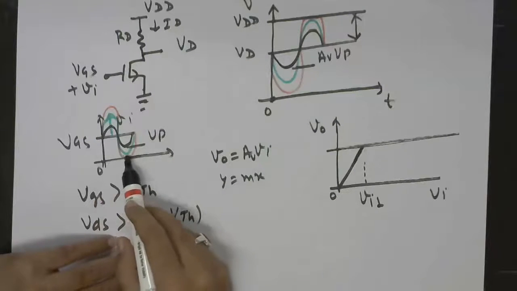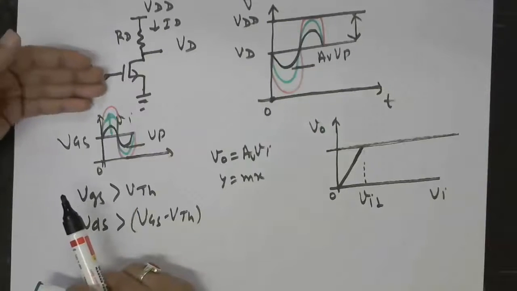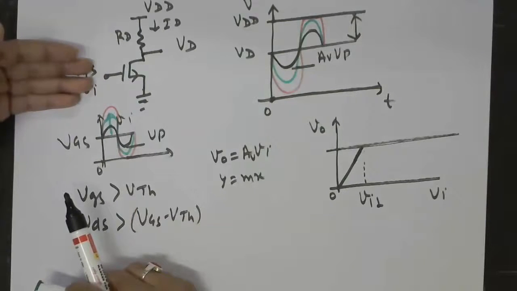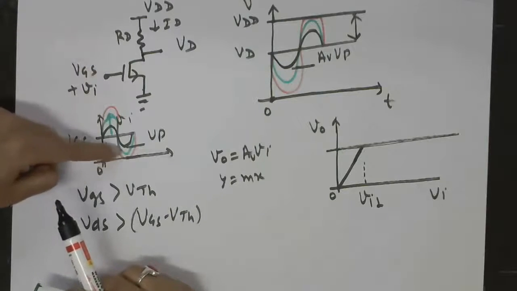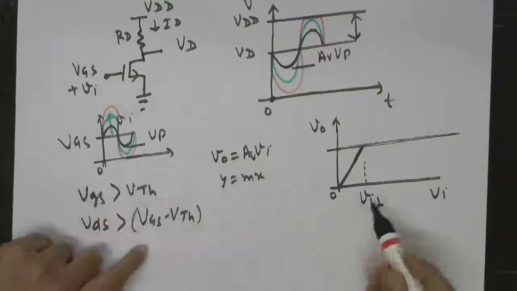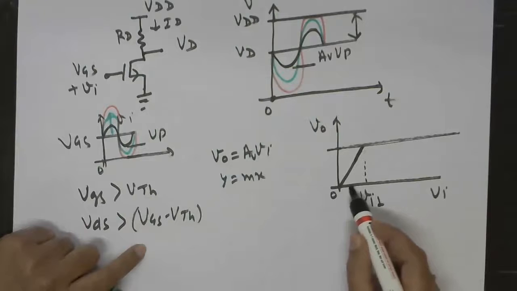Keeping the input smaller might not always be possible, because input is coming from previous circuits, which is already maybe amplified to a certain level. So this need not be disturbed. Input should not be forced to be smaller.